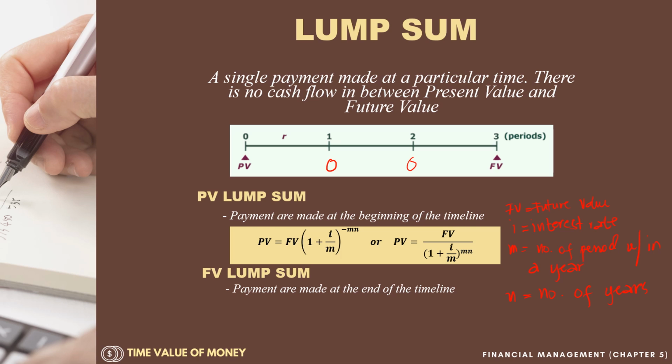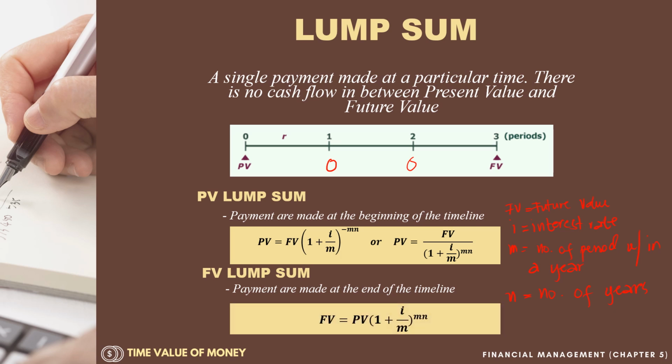Now the equation for this is FV, or the future value, is equal to PV, or the present value, multiplied by (1 plus I over M) to the power of M times N. Now in the next slide, we will have various examples of the lump sum computation.